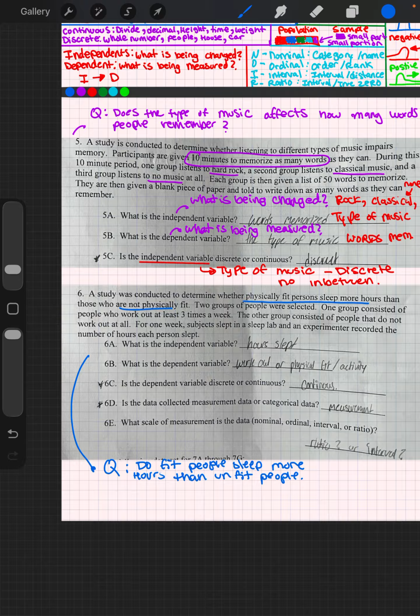What is the independent variable? Same thing. This is what changed, and what's measured.